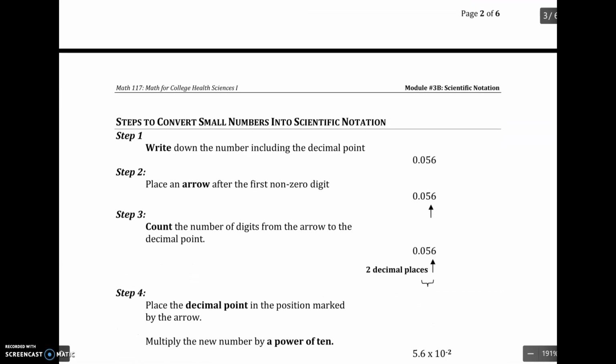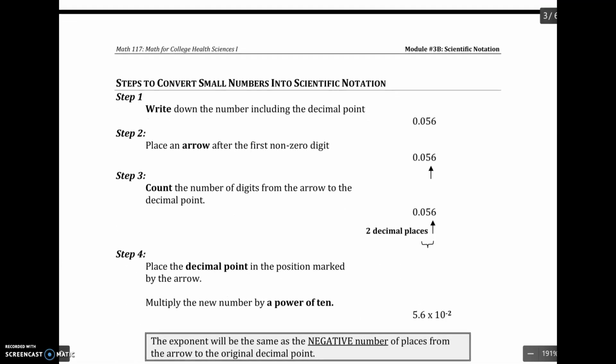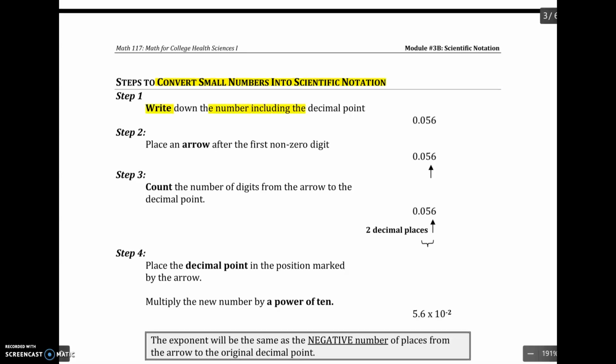All right, now what if I want to turn a really small number into scientific notation? So the idea is fairly similar. We still want to write down the number including the decimal point. Well, this one already has our decimal point. We place an arrow after the first non-zero digit. So there's my arrow right between the 5 and the 6.